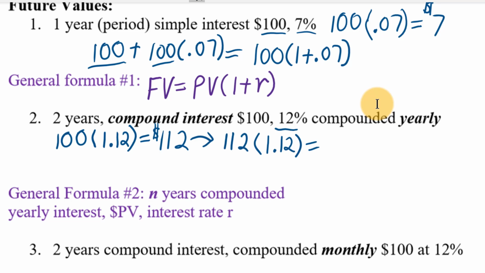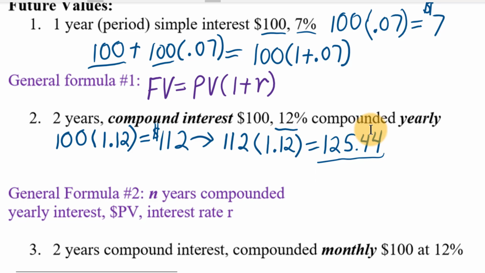And then what we're going to end up with is $125.44. We don't just earn $12 in interest every year. The first year we earn $12 in interest. The second year we earn $12 in interest, plus we earn interest on the previous interest. That's the whole idea of compounding.